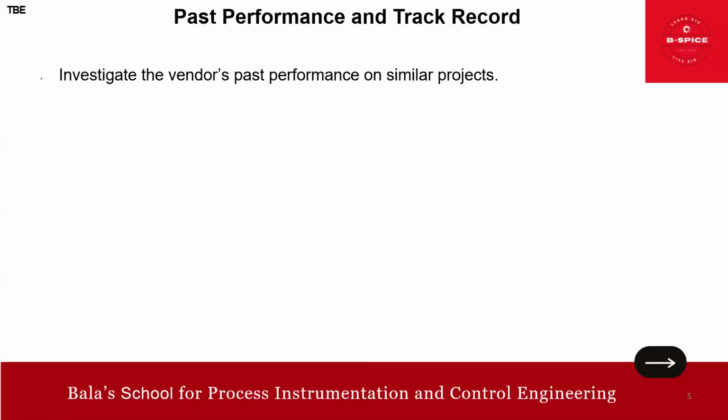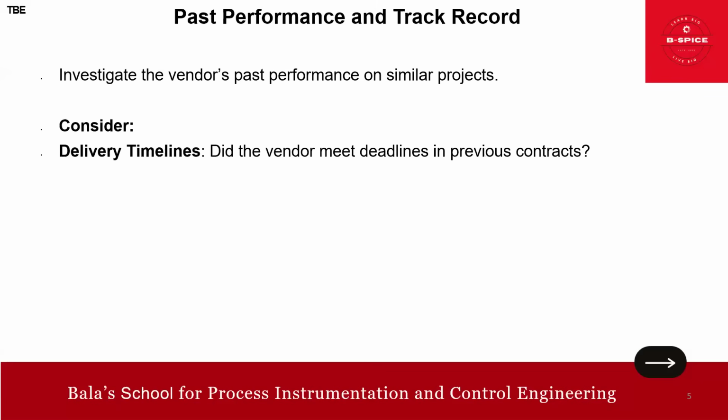Then we have a few more items. This is about the past performance and track record. Investigate whether the vendor's past performance is good in carrying out similar projects. Consider timely delivery: was the vendor able to meet the deadlines in previous contracts?